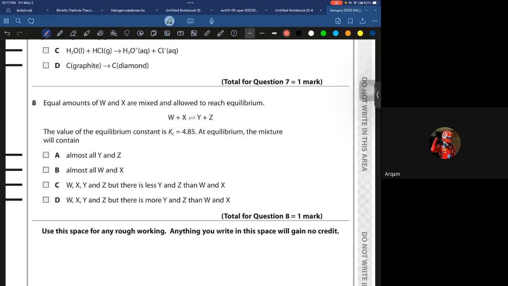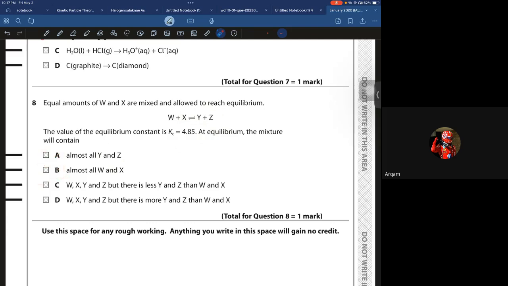Equal amounts of W and X are mixed and allowed to reach equilibrium. The value of the equilibrium constant Kc is equal to 4.85. At equilibrium, the mixture will contain almost all Y and Z. Of course, at equilibrium all the species are present, so A and B are incorrect.